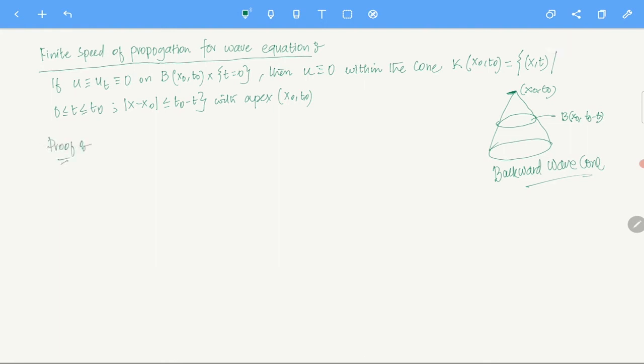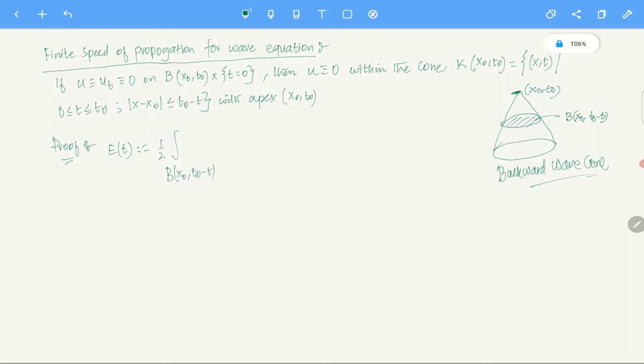Proof: we write down E(t), which is given by half the integral over B(x0, t0 minus t) of u_t squared, evaluated at (x, t), plus the gradient of u at the point (x, t) squared, dx, for t between 0 and t0.